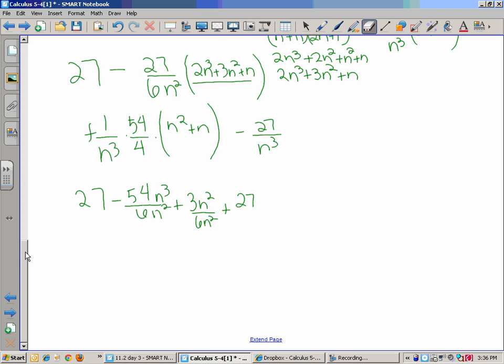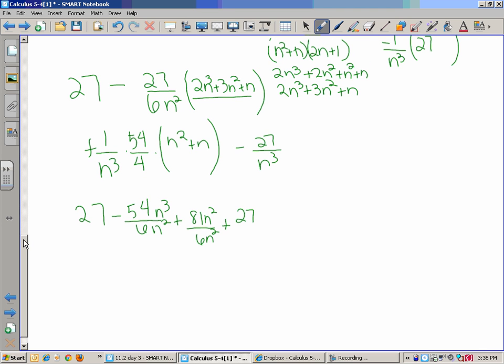So 27 times 3, 81 n squared over 6n squared. 27n squared. I'm sure there's an error at this point. Minus, boy, no, plus 54 over 4n cubed times n squared plus 54n over 4n cubed minus 27 over n cubed.